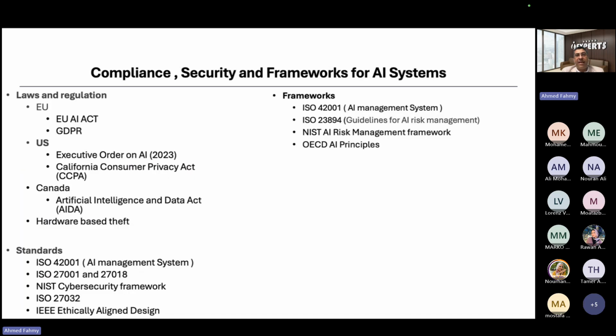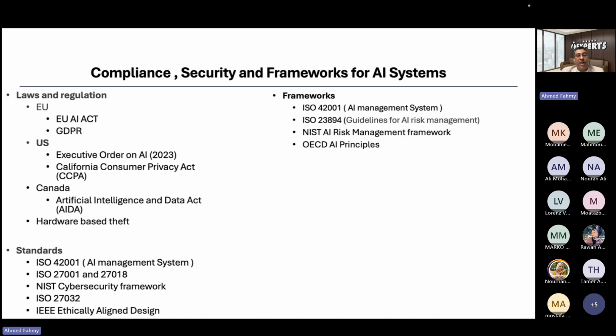So, some of the existing frameworks, standards, and regulations around the use of AI systems. One of the most famous is definitely the EU AI Act. There are also some articles and requirements within GDPR related to AI that need to be implemented.